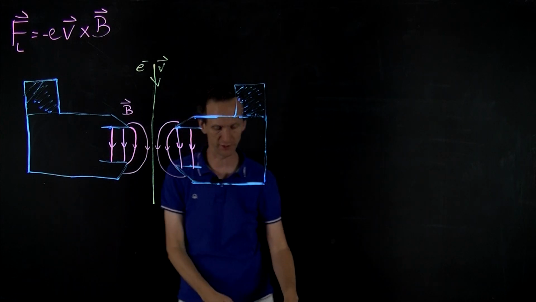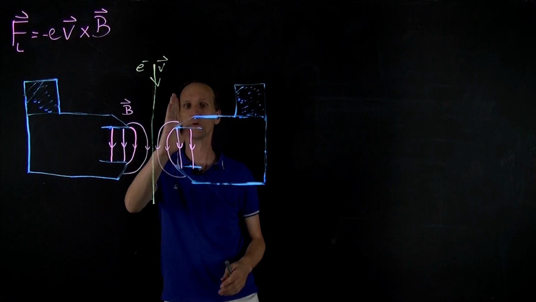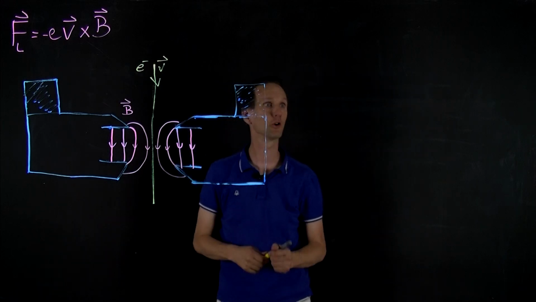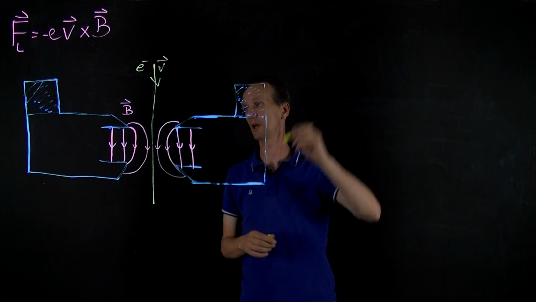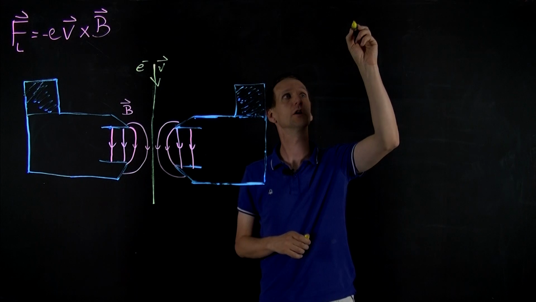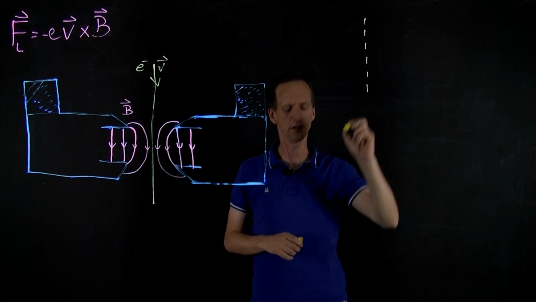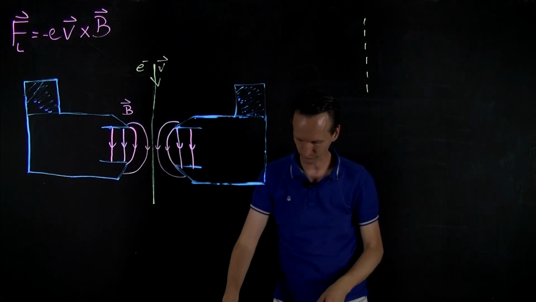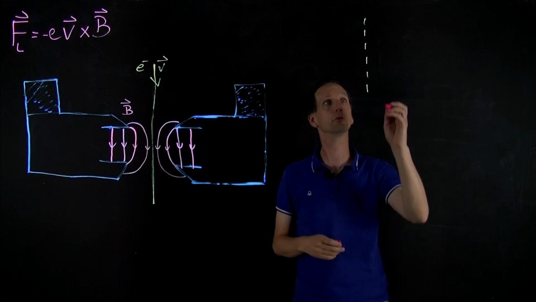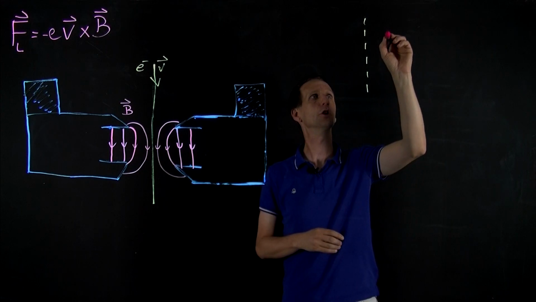Now, of course, the interesting thing is what happens if we move slightly off axis. So I'm going to draw that situation here. Say we have our axis here. The dashed line is our optical axis. Now I'm going to put my electron next to the optical axis.